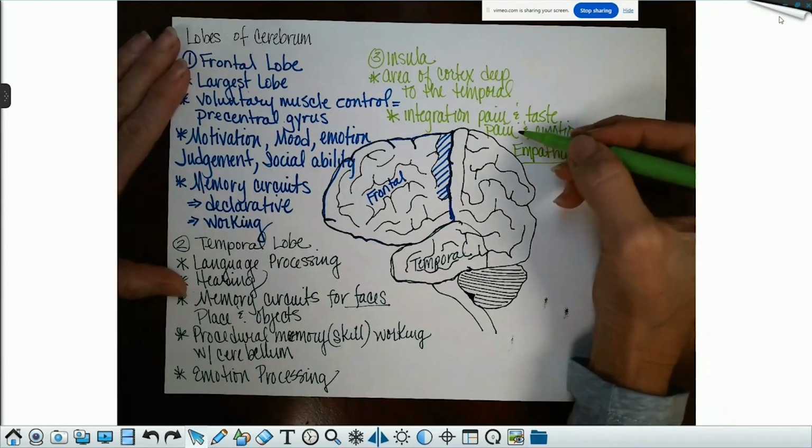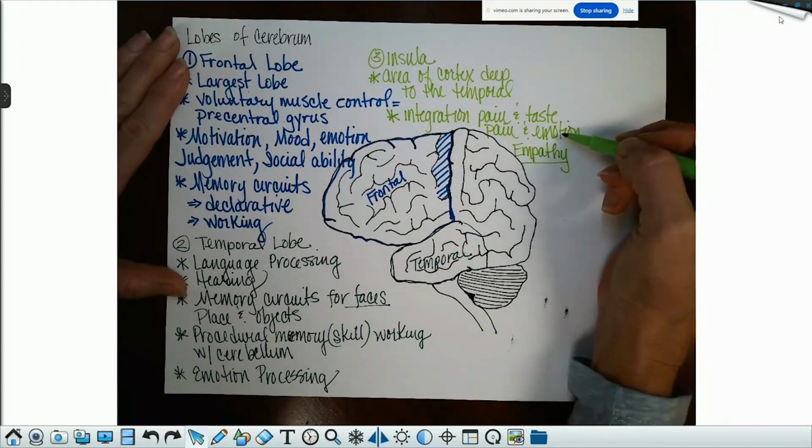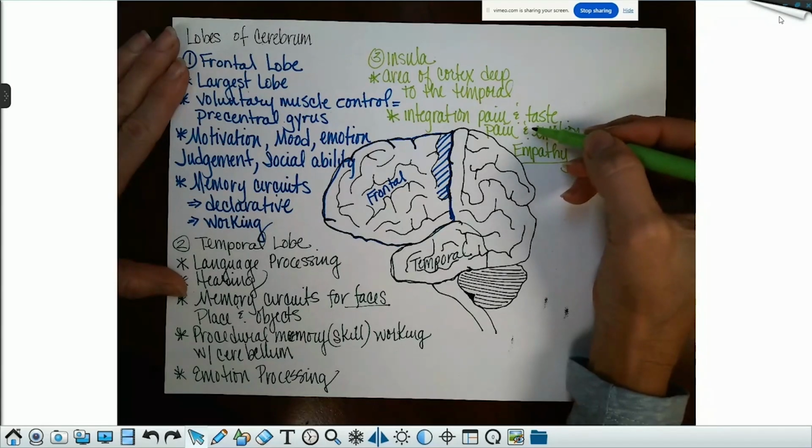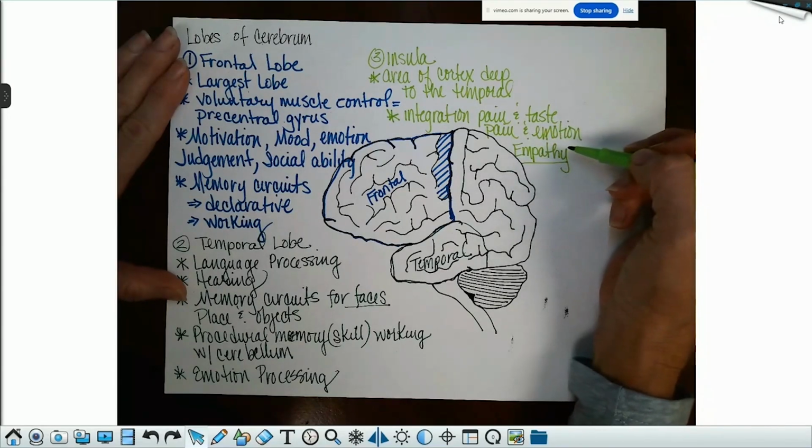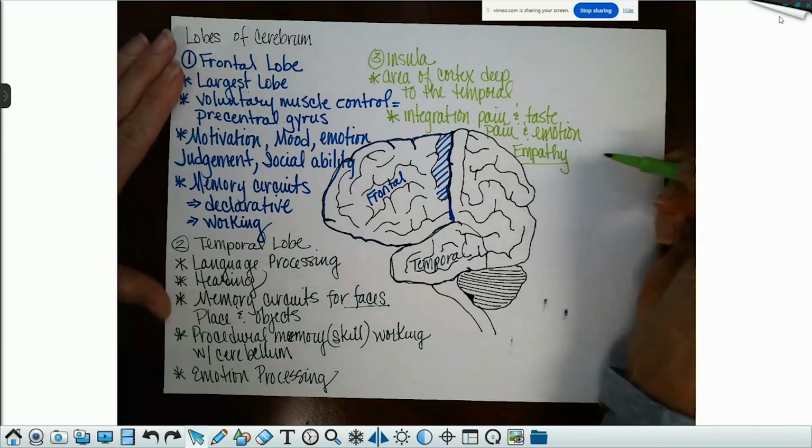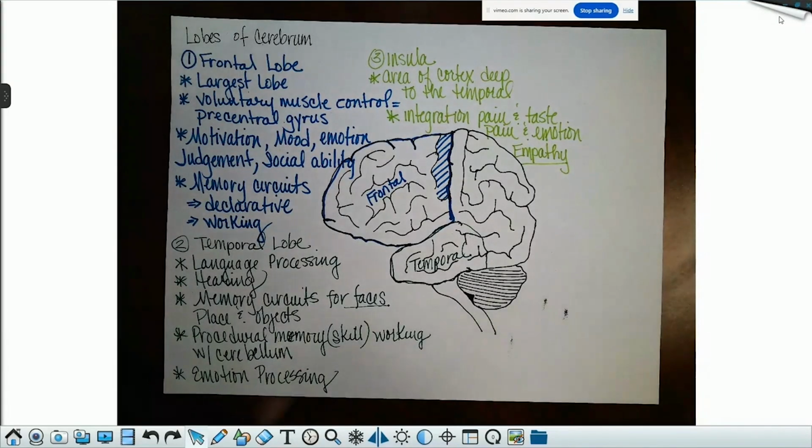So if we feel pain and we recognize what emotions are going on with that, we put that together, then if someone else is experiencing that, we can understand it deeply. That's empathy, understanding deeply what another person is going through.